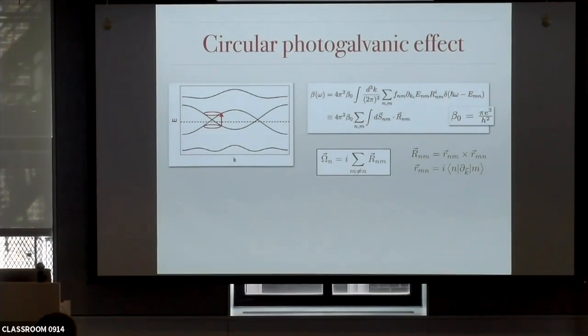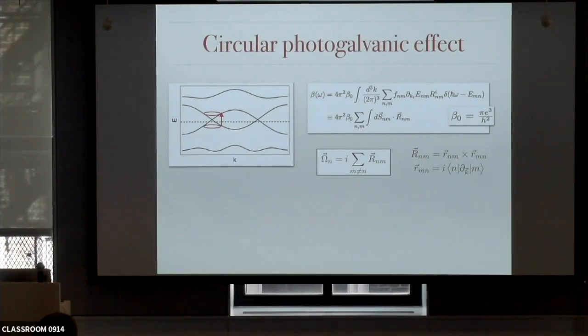If the surface is like this, the derivative is the maximum gradient, which is the normal to the surface. And so this quantity here can really be written as just the flux of this optical matrix element through the surface that I just defined. Okay, so this is a very simple way of writing this photogalvanic current, and that's all really.